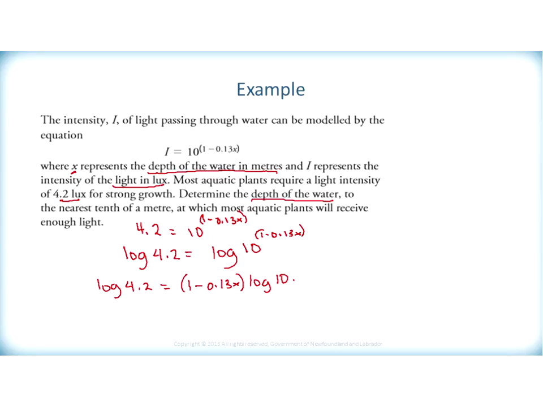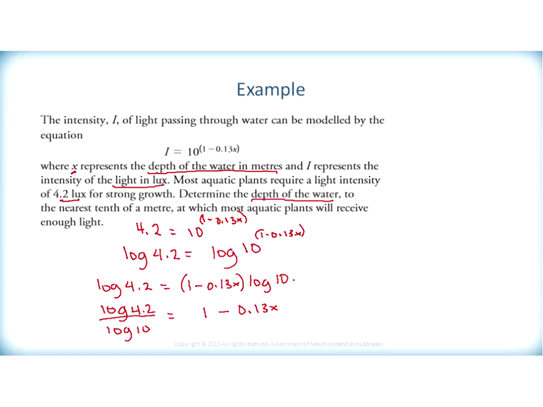Now the common log of 10 would just be 1, but we'll continue with the same procedure. We have log 4.2 divided by log 10 will equal 1 subtract 0.13x.